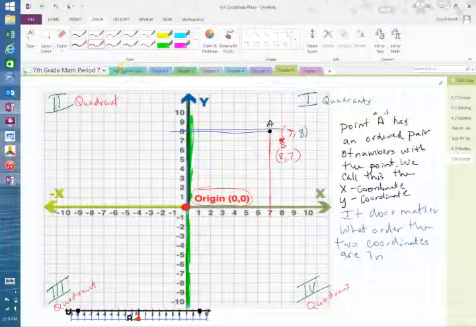Okay, so let's look at another point. Let's say I have this point right here.